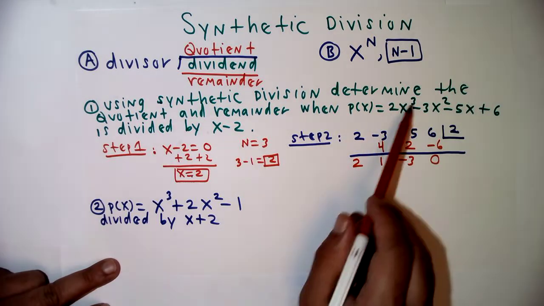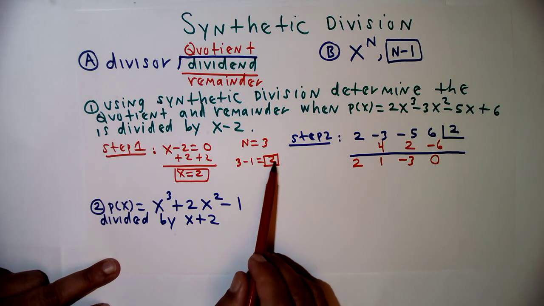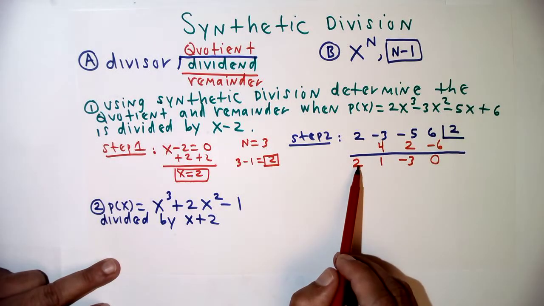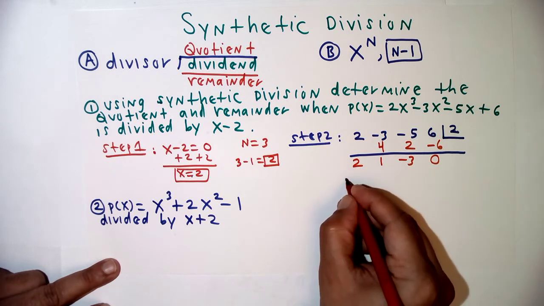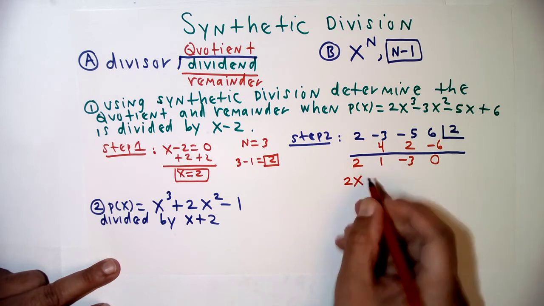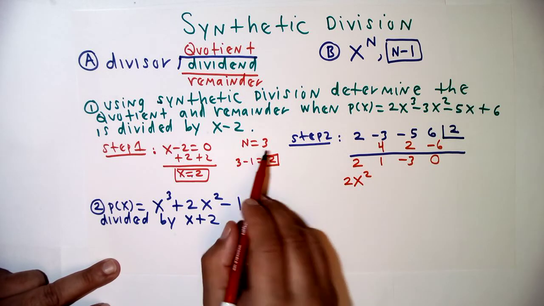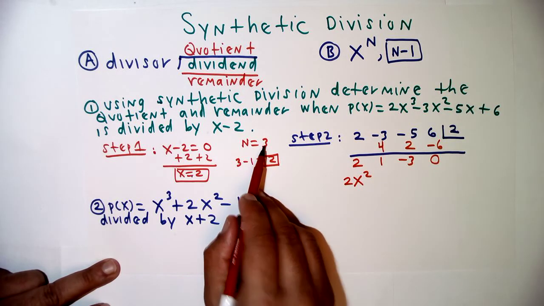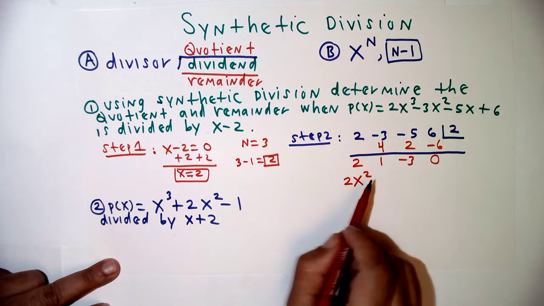In this case it was 3, and 3 minus 1 is 2. These two numbers are telling you where to start the variables. With the 2, you're going to say 2x to the second, because that's the number you got after subtracting 1 from the highest degree. And all you're going to do now is just follow the order descending from the exponent.